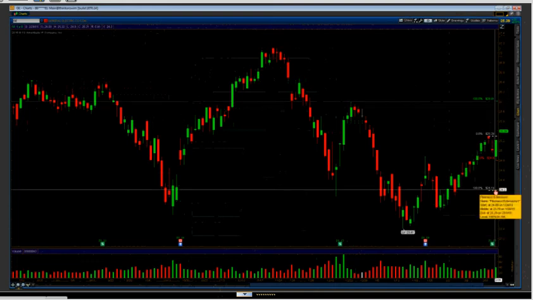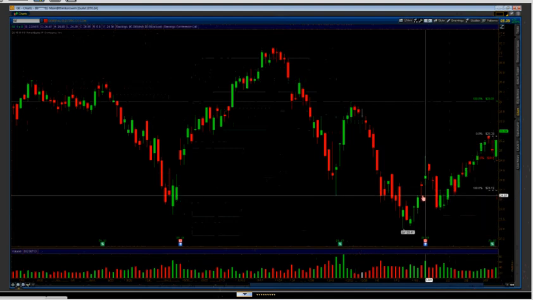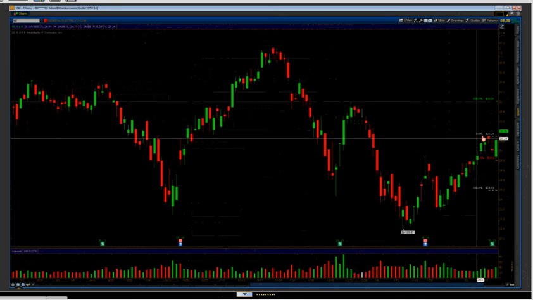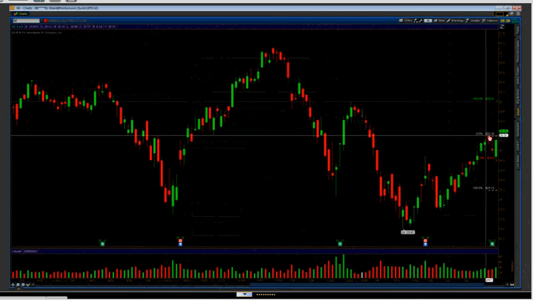Now I'm still going to leave this 24.19 fib here. Why? Why would I leave the 24.19 Fibonacci here? It's a really simple answer that revolves around the zero line.